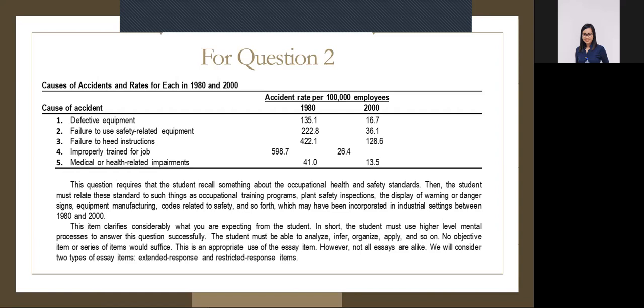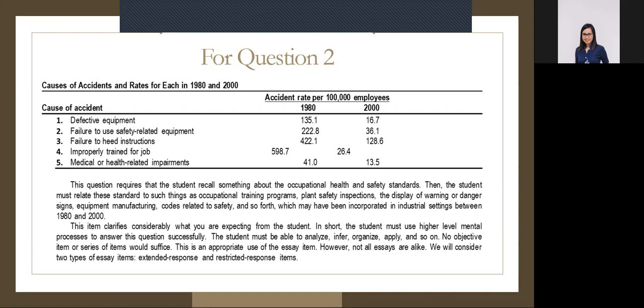Number 1, defective equipment: in year 1980, it has a rate of 135.1; in year 2000, 16.7. Number 2, failure to use safety-related equipment: in year 1980, 222.8, and for the year 2000, 36.1.